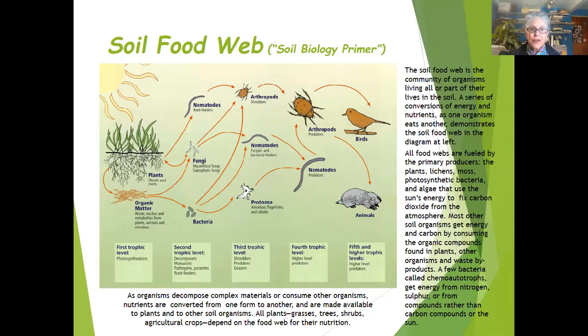The idea of a soil food web refers to all the life in the soil, from the roots of plants to many other organisms of different sizes, each performing their own special role in the cycle of life. And we call these differing roles trophic levels.